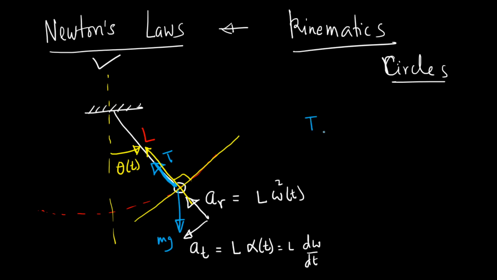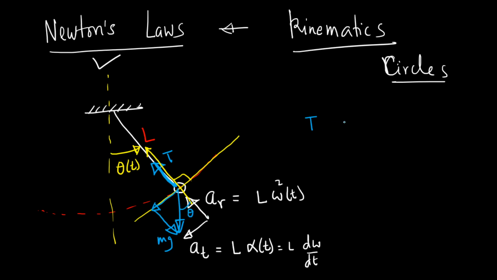It's already in the radial direction, but here is my first real computational step. I'm going to break up this mg along the tangential direction and along the radial direction, and perhaps you will agree very quickly that this is theta.